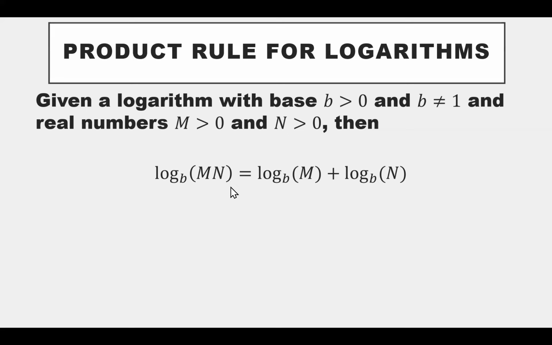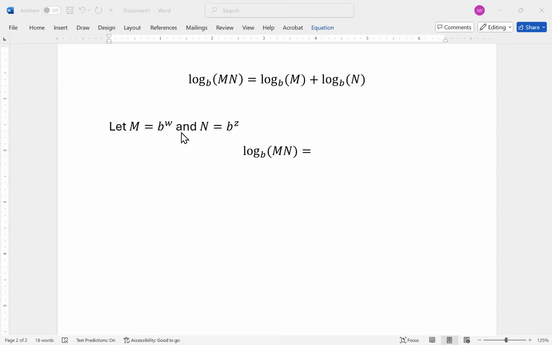And then we'll go ahead and look at some other rules after that. So because m and n are both positive, I can write those each as b to a power. I'll write m as b to the w power and n as b to the z power.